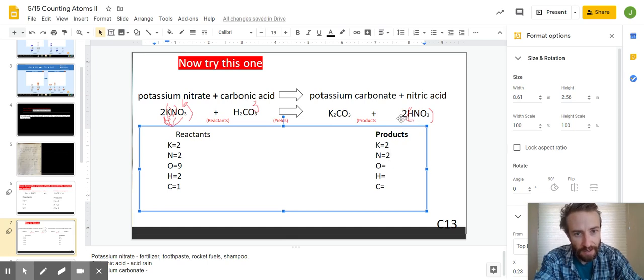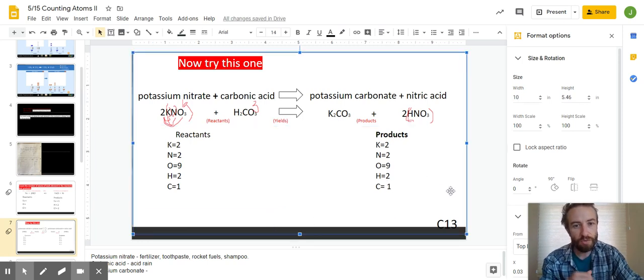Hopefully everyone sees that. Oxygen, we should have 9, right? So 2 times 3 over here, that means we have 6 atoms of oxygen here, plus O3 here, that's 9, so that's right. 2 hydrogen atoms, the coefficient says 2, so 2 times H is 2H, or 2 hydrogen atoms. And then it looks like, again, there's just 1 carbon atom.